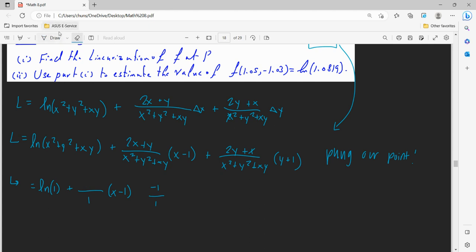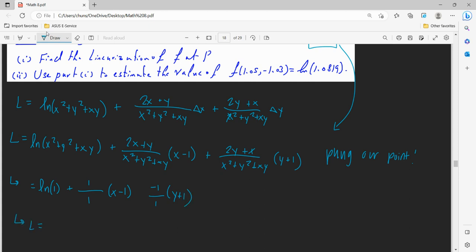Sorry, this is supposed to be 2. No, it isn't, hold on. So this is 2 minus 1, this is 1. Okay, and this is with x plus 1.